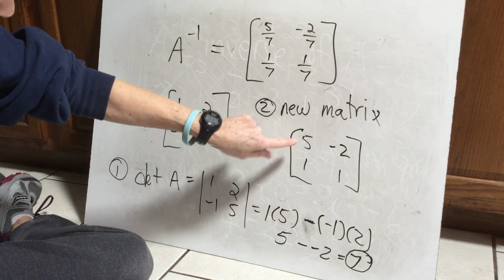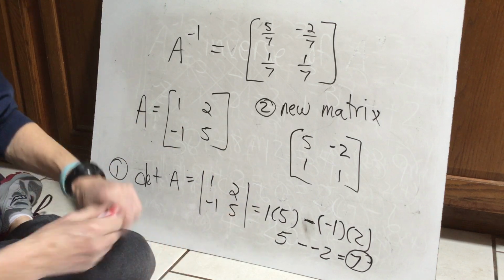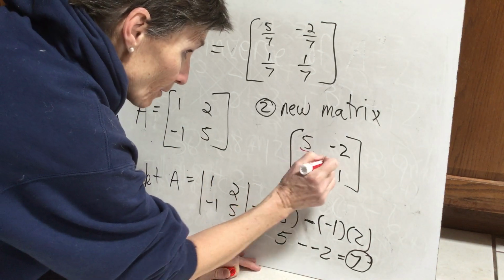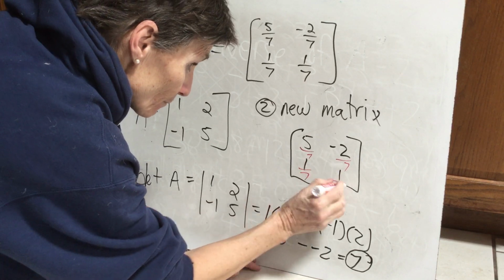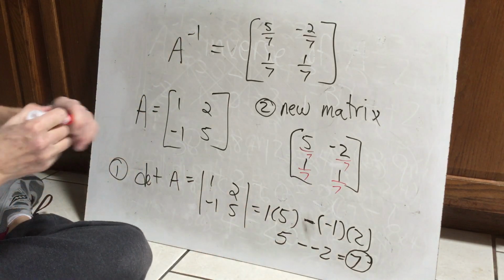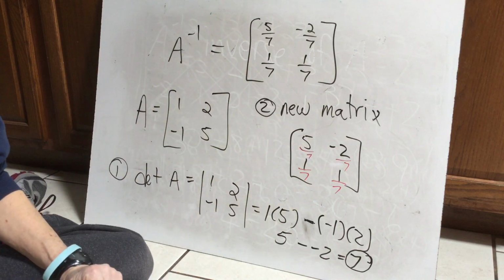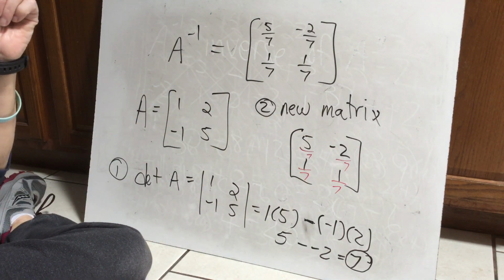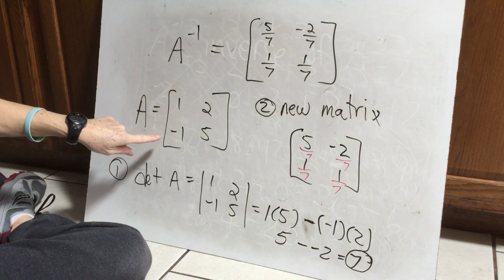So just take this new matrix that you just built and divide each number by 7. The determinant. Whatever your determinant is, take your new matrix and divide each number by that. So this is the inverse of the original matrix.